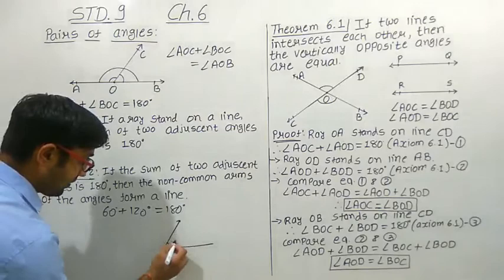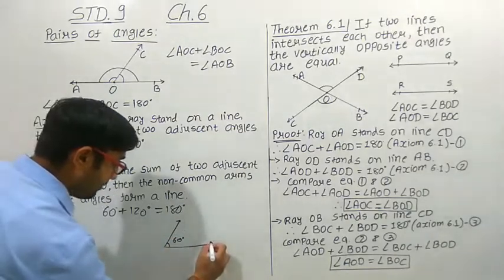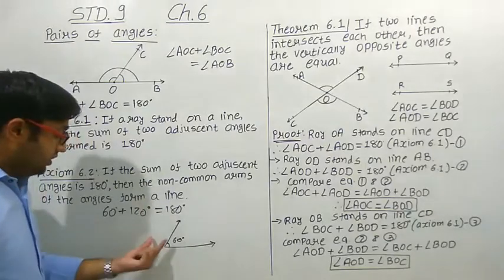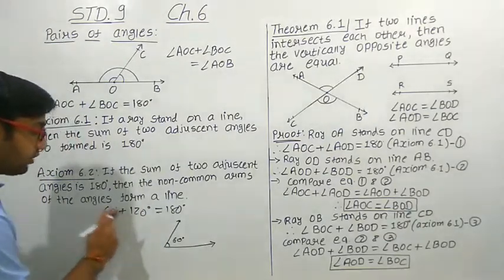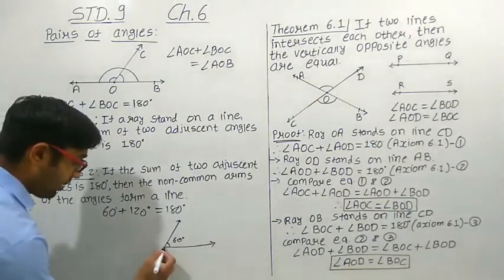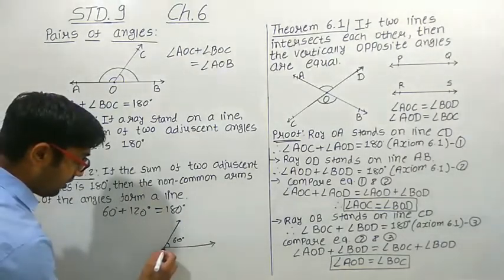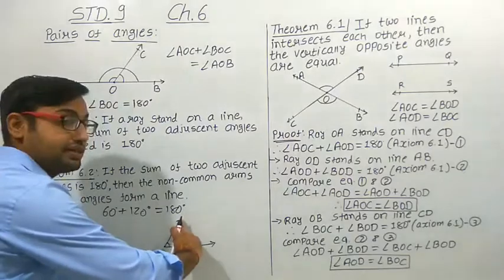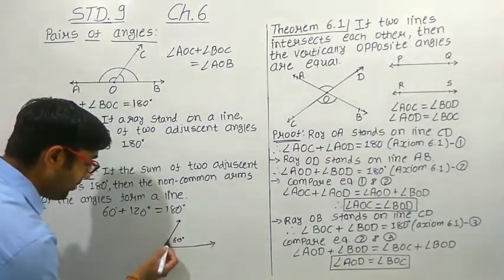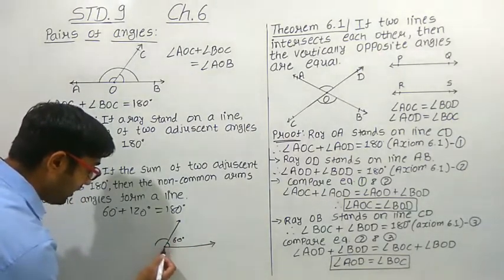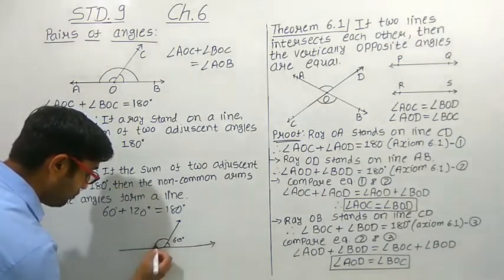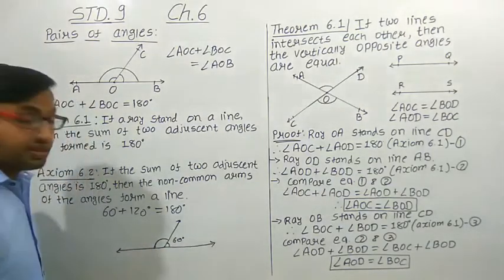This is 60 degrees, right? Now we have to draw the adjacent angle with this angle which has a value of 120 degrees. So now you can use a protractor to make the 120 degree angle by taking this line as a baseline. When you measure the 120 degree angle, you will get a point somewhere here, and when you join it, you get this kind of line.